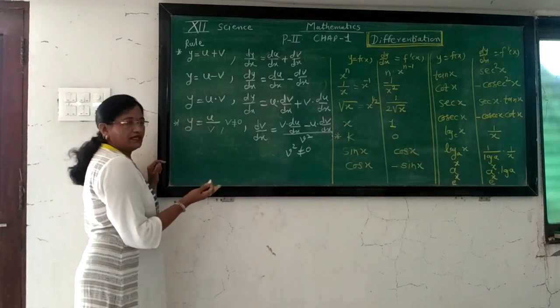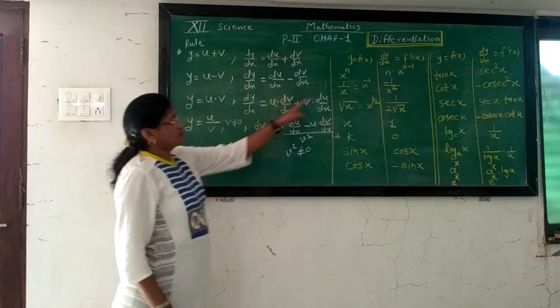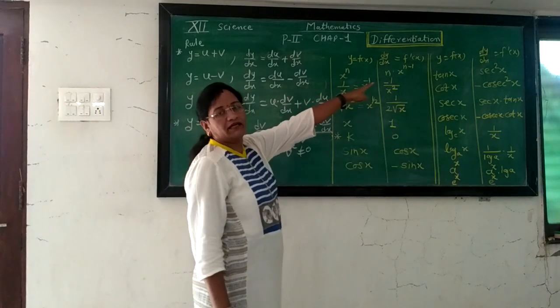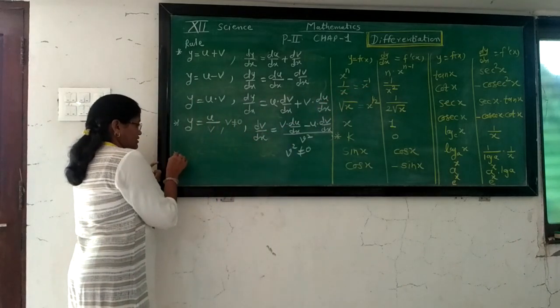With the help of this, take the function y is equal to 1 upon v. So we use the same rule. In this case, we get minus 1 upon v square as the derivative of the corresponding function.